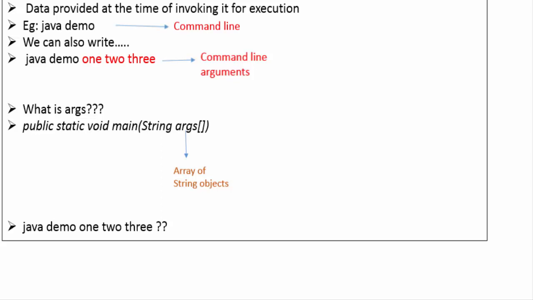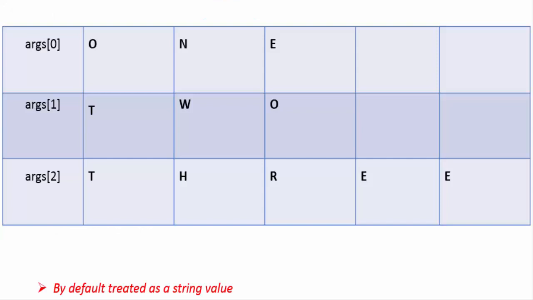How does this String args store these arguments? For java demo 1 2 3, the args array will look something like this: args[0] will contain 1, args[1] will contain 2, and args[2] will contain 3.